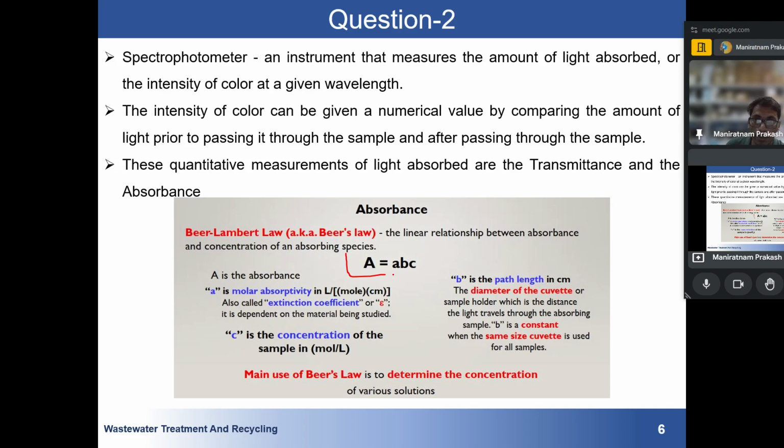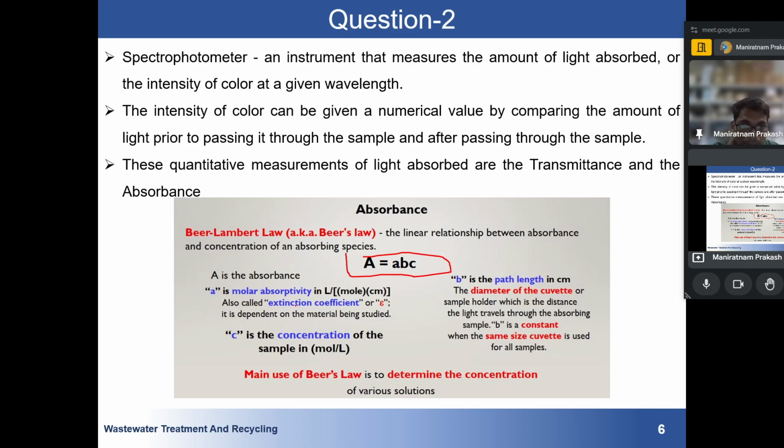A is equal to abc, where capital A is the absorbance, small a is the molar absorptivity, also known as the extinction coefficient, which is generally a constant. C is the concentration of the sample, and b is the path length.